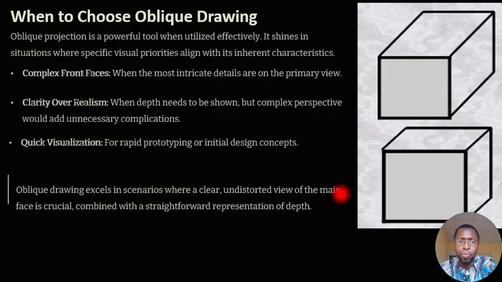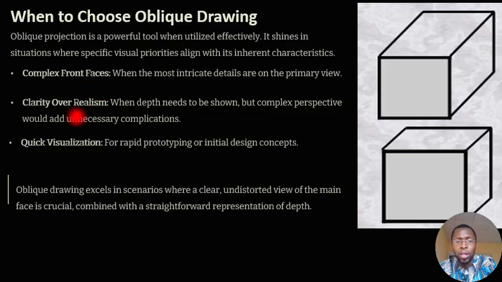All right. Now, when do we choose oblique drawing? We have already said it from the advantages here. But the major purpose for choosing the oblique drawing method, apart from isometric drawing in one of our lessons, is for complex front faces. In the case where the front face is complex, it is good that you use oblique drawing to present the object.